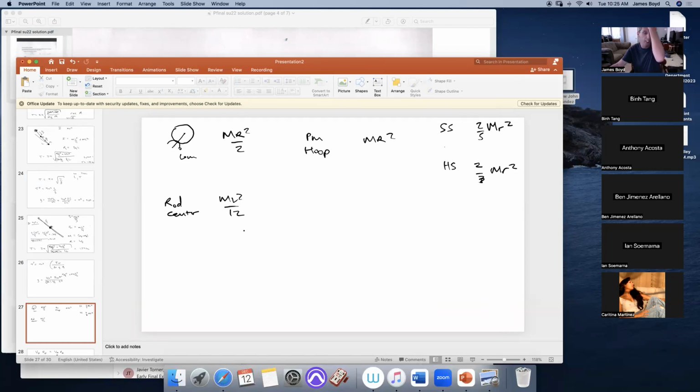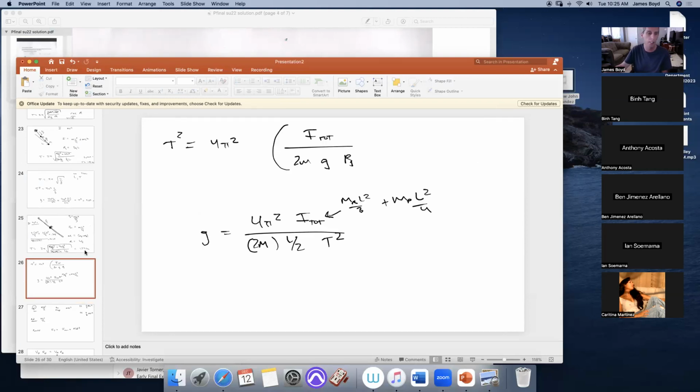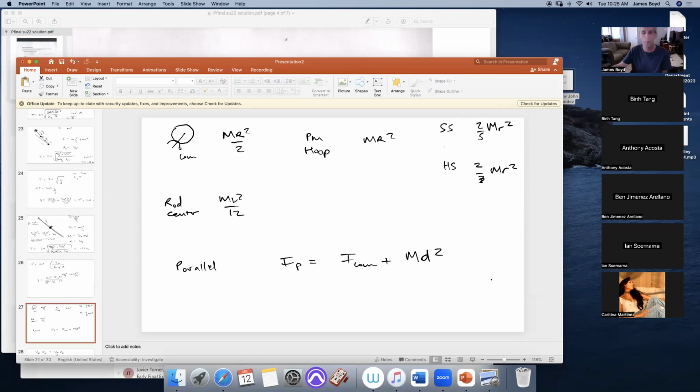And then using the parallel axis theorem, just remember I_P is I of the center of mass plus md squared, where d goes from the center of mass to the axis.